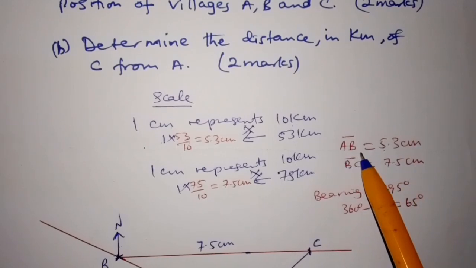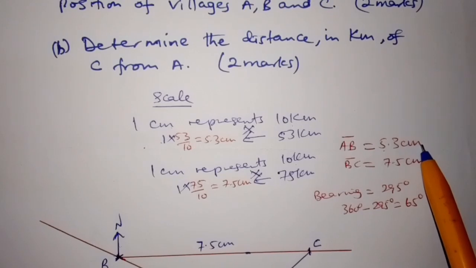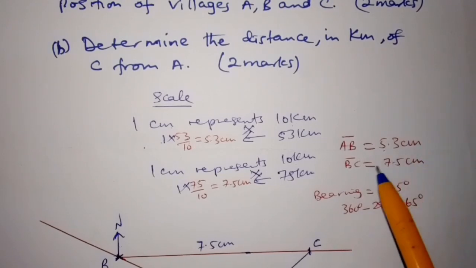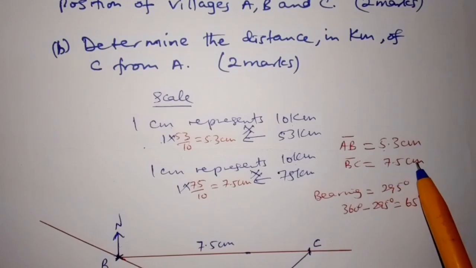The distance from A to B is 5.3 centimeters, representing 53 kilometers. The distance from B to C is 7.5 centimeters, representing 75 kilometers.